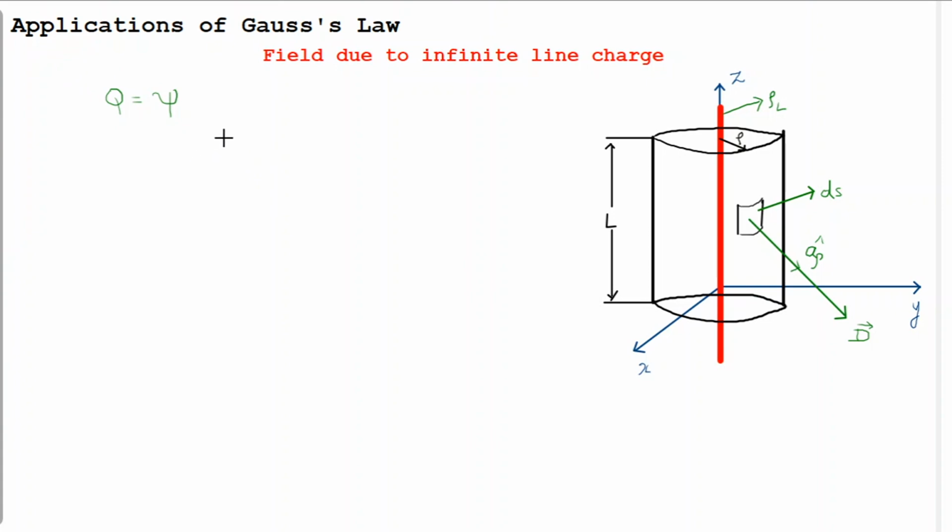Now see here, if we know how much flux we have, that is psi, and how much area we have, we define flux density D as psi by S. Or this tells me that psi is equal to DS, and we consider S as a vector because the left hand side and right hand side should both be vectors. All this we discussed in previous videos. Okay, so psi is D dot S.